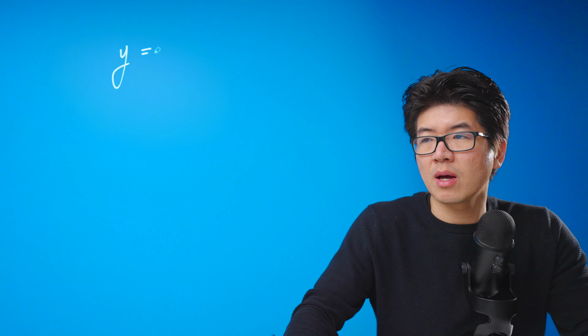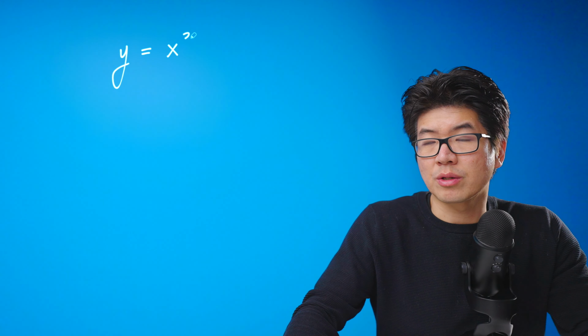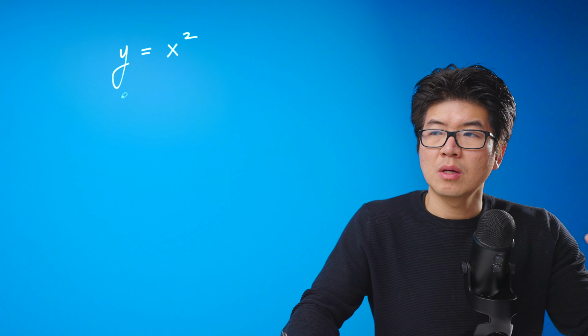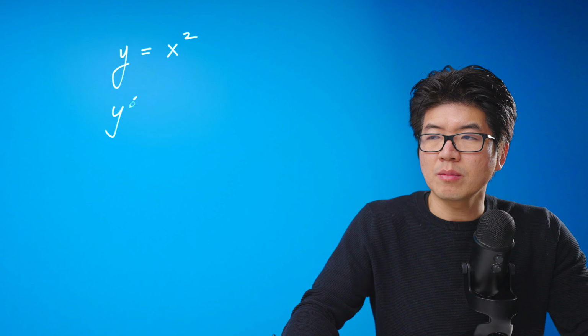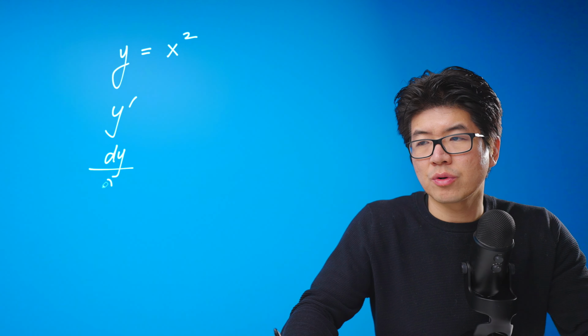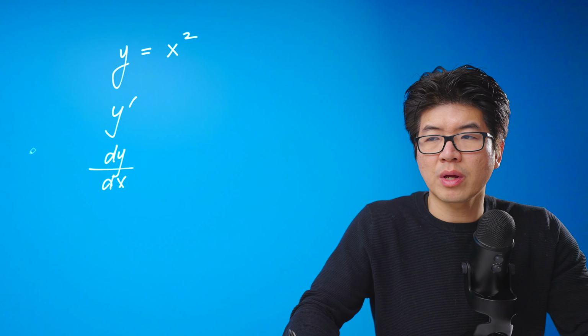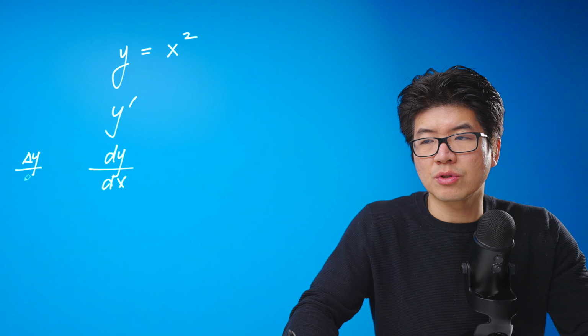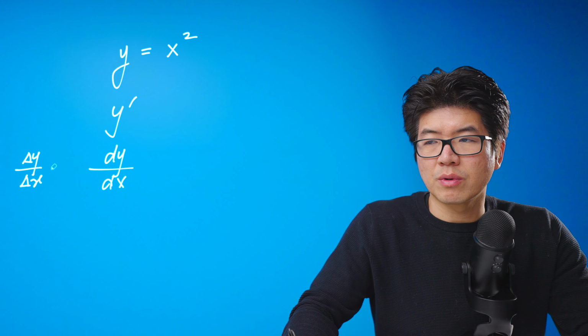Very simply, if I have y equals, let's say, x squared, instead of y prime we write dy over dx, and this is really a shorthand for changing y over changing x, right?